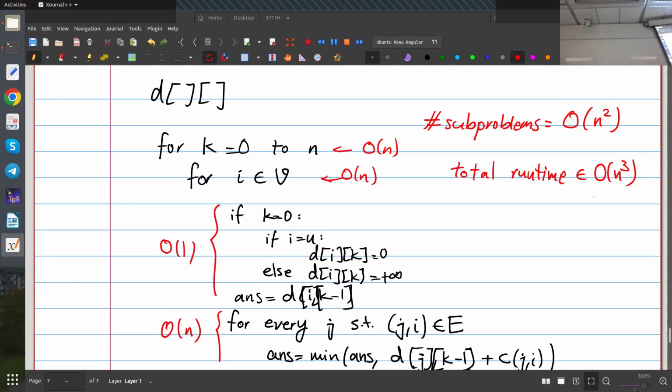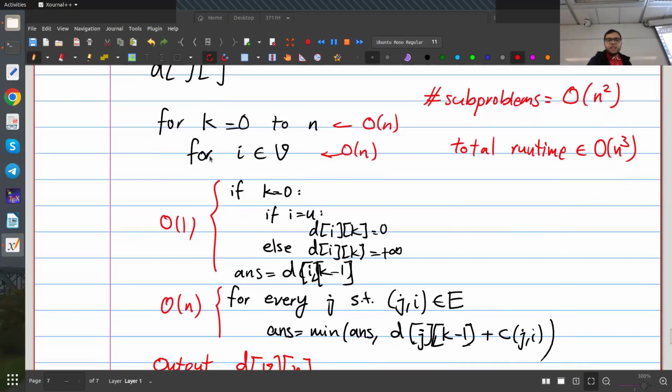Now I can do a better analysis here. So here's how I can do a better analysis. I can say I have n different values for k. And then for every value of k, I'm going over every edge here exactly once. So for every k, I'm saying for every i, and then for every j that has an edge to i. So that means just for every edge.